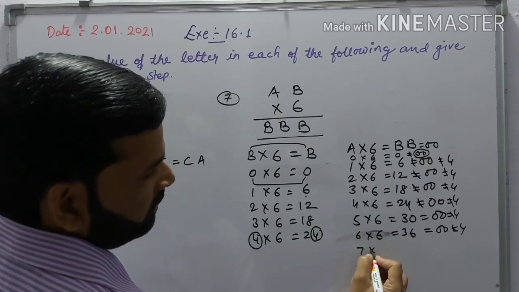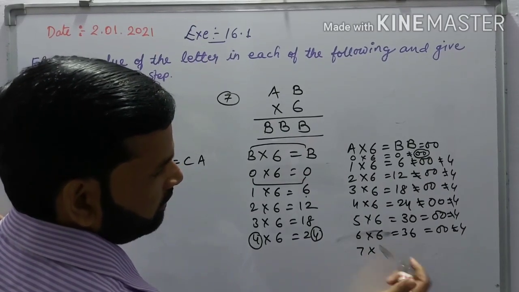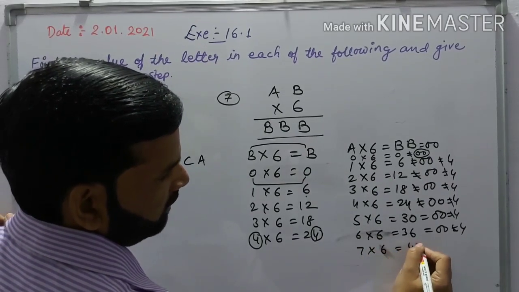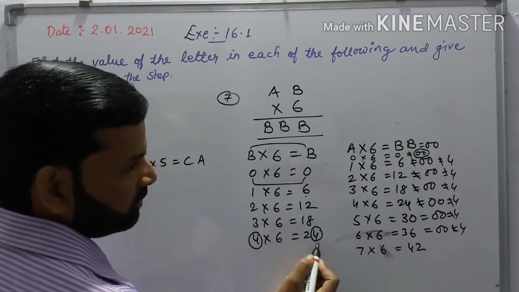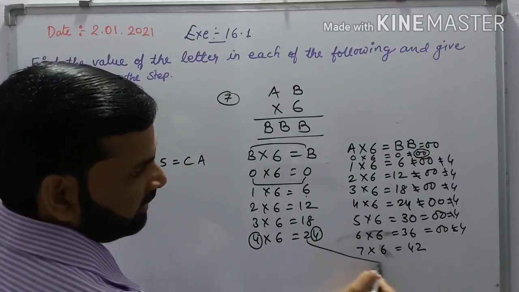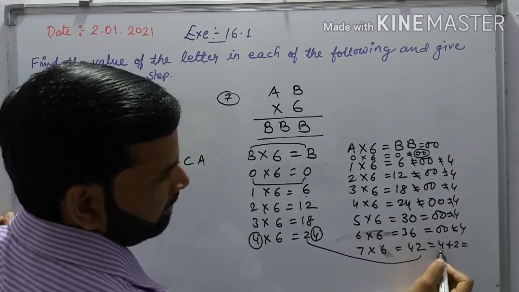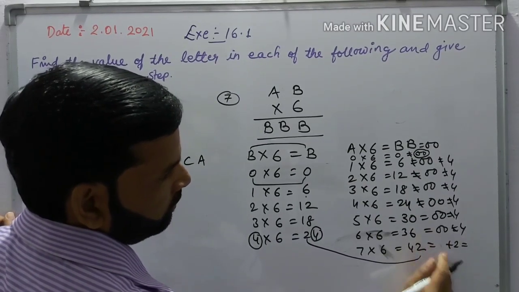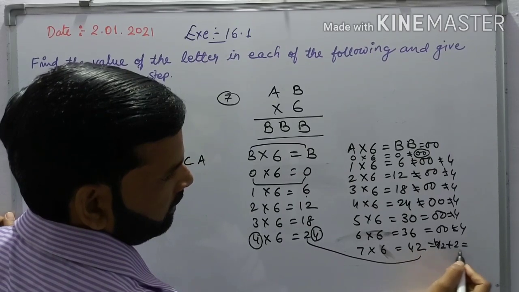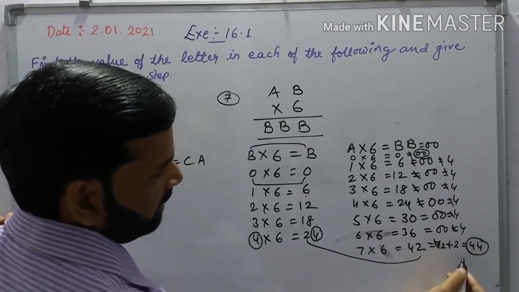Okay, now 7 into 6 is 42. Suppose we write the 2 and 4 is a carry, so 4 plus 2 is 44, so this is the value of b.